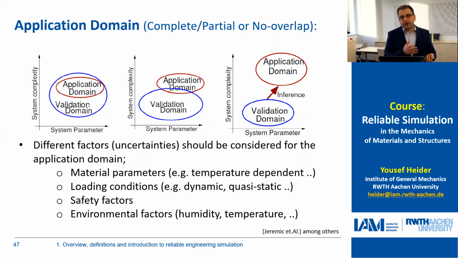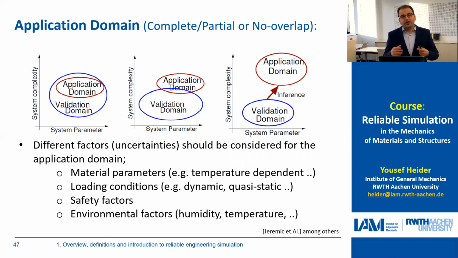Now, if my model, for instance, is tested for quasi-static and dynamic loading, but my structure in reality is subjected sometimes to dynamic, sometimes to high frequency loading, so that my model cannot capture that scenario. It means I can apply my model only to special cases of dynamic loading, but not for high frequency.